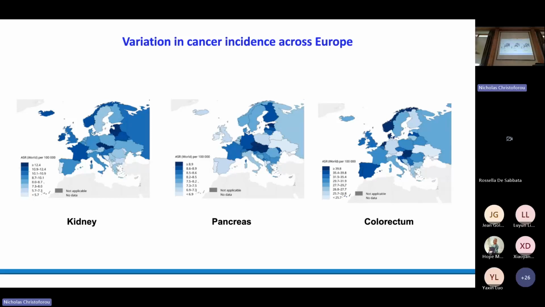So we have colleagues in Norway who are desperately trying to understand why they have the highest rates of colon cancer in Europe and also in the world, and why they should be so different from their neighbours in Sweden or Finland. So is it pointing towards a particular environmental exposure, for example, in their diet, that could be driving colon cancer in this population?